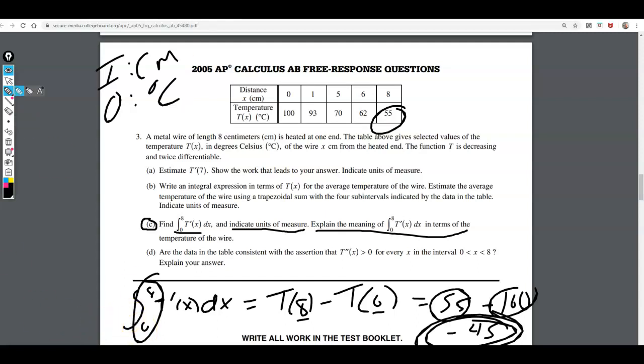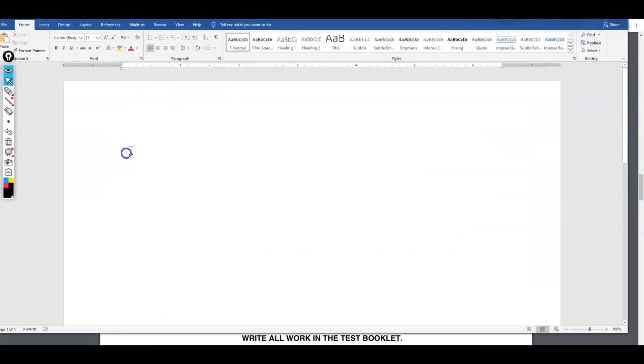So let's go ahead and interpret that really quick. The temperature of the wire decreased by 45 degrees Celsius over the distance of 0 to 8 centimeters.